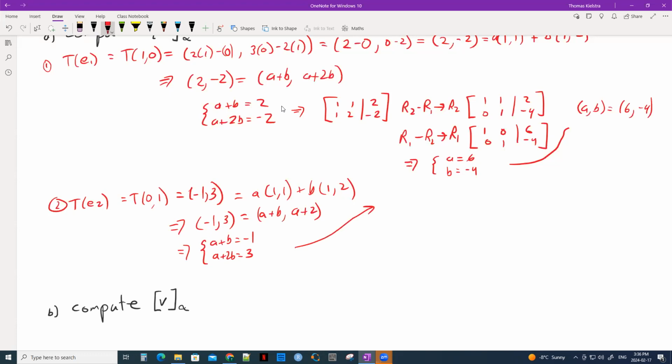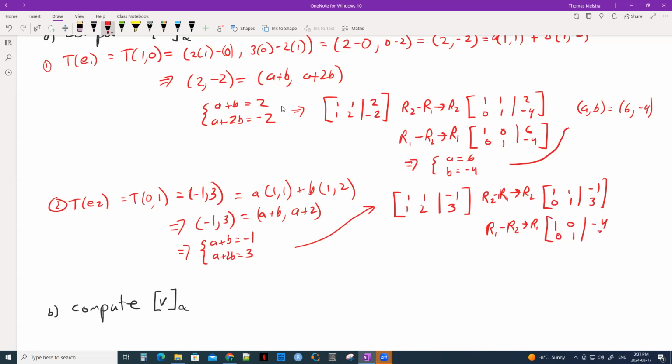So this is how we're going to solve for A and B, and we create the augmented system of equations: 1, 1, 1, 2, -1, 3. Once again, R2 minus R1 replaces R2, giving us 1, 1, -1, 0, 1, 3. And now R1 minus R2 replacing R1 is going to give 1, 0, -4, 0, 1, 3.